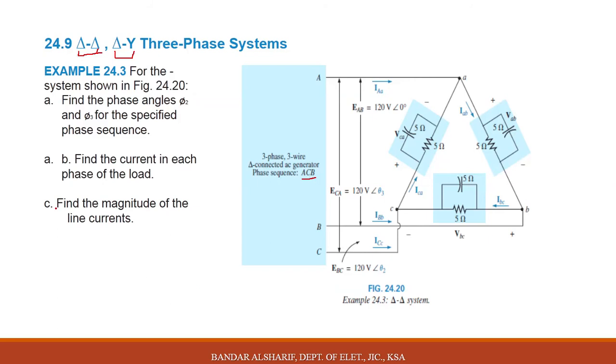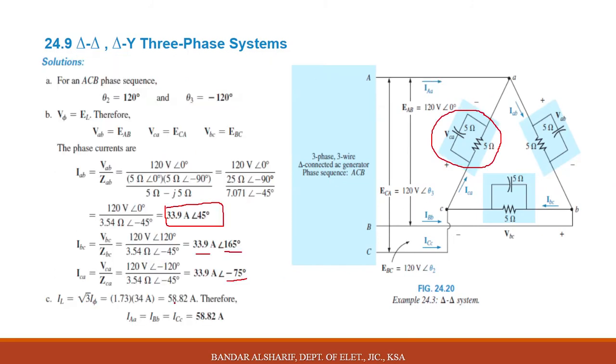For the last part, find the magnitude of the line current. Now we need to find the magnitude. He asked about the magnitude only. You need to multiply the phase magnitude by √3, you will get the line magnitude. See, it's approximately 34, 33.9 multiplied by √3, you will get 58 ampere. Therefore, the line currents are equal: IA, IB, IC capital C small.